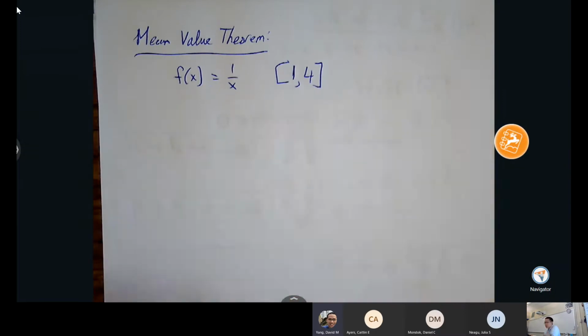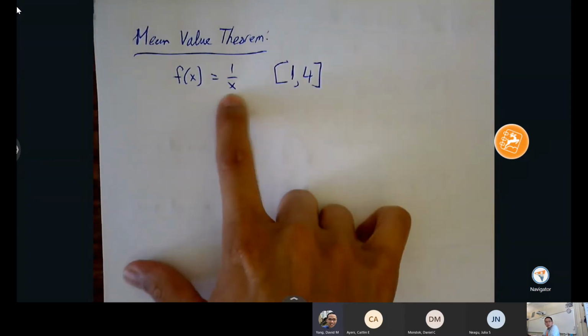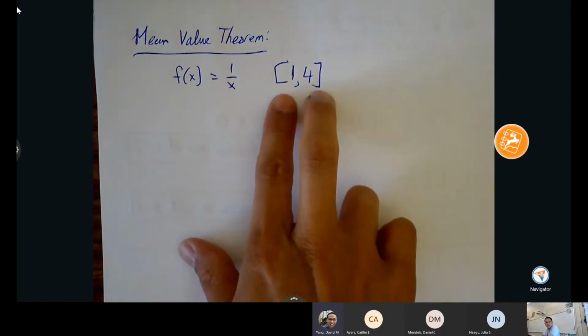All right, so let's go through our conditions. Continuity. We look at our denominator there. There is a vertical asymptote at x equals 0, but we see that 0 is not going to impact our interval, so we're safe.